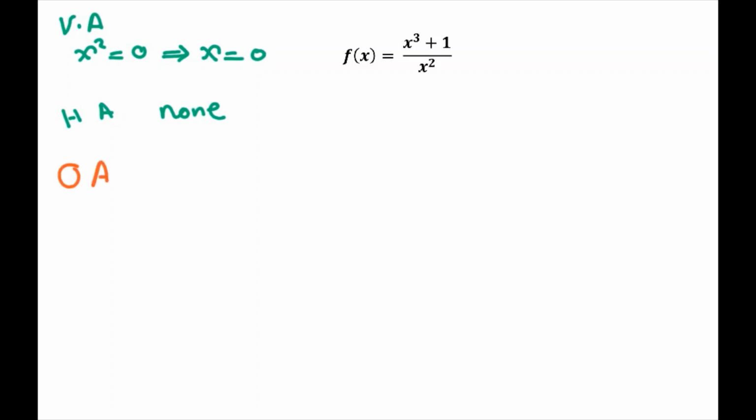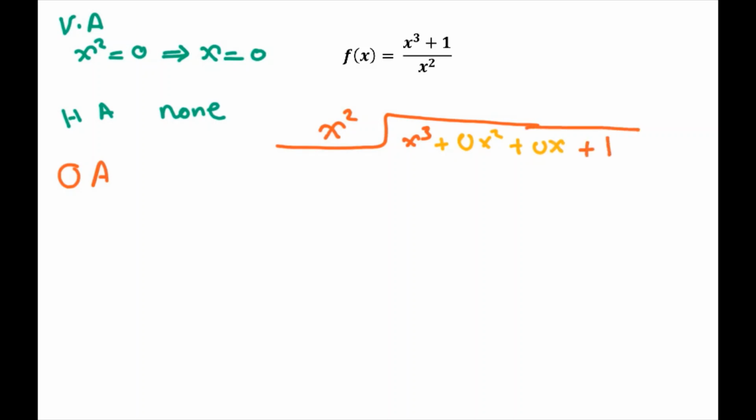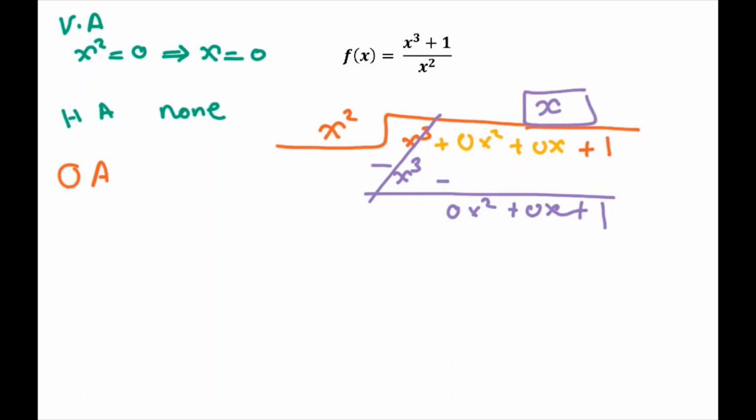And in order to find it, we need to do a long division. x cubed divided by x squared is x. And again, you can divide by 0, and that's it. You are going to get 0. So y equals x is your oblique asymptote.